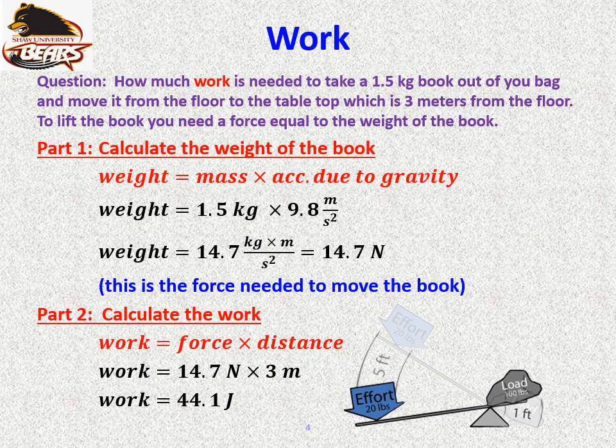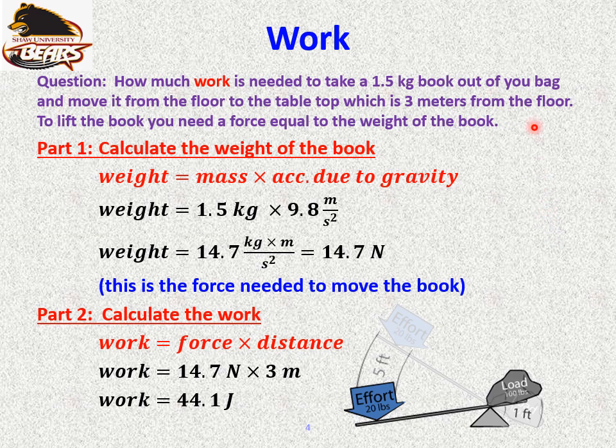Now let's look at this particular question. How much work is needed to take a 1.5 kg book out of the bag and move it from the floor to the tabletop? Basically, you pick up a book from the floor and lift it up 3 meters to the table. How much work is it?